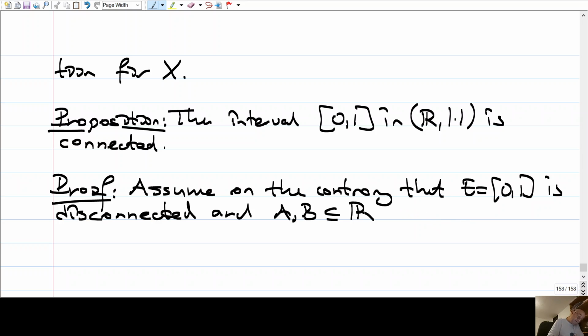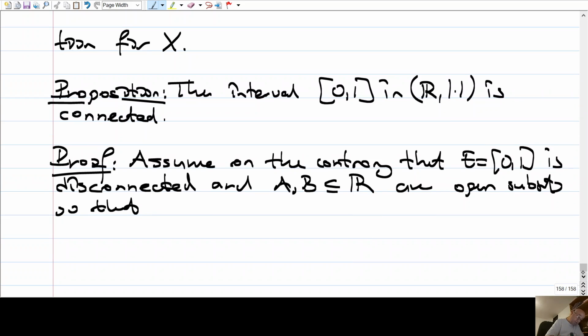Okay, A and B are open subsets so that these three conditions are satisfied.